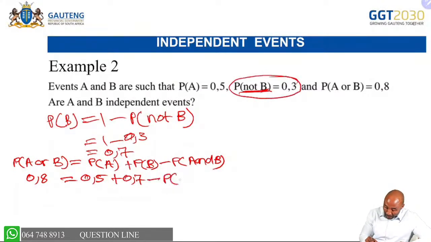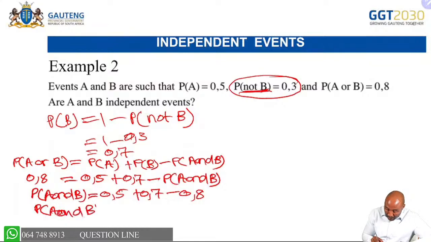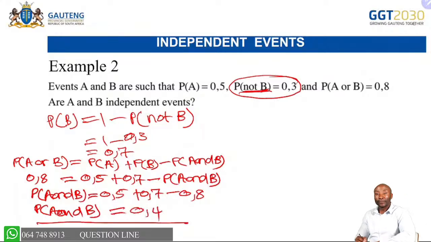Minus the probability of A and B, which means I will have the probability of A and B, rearranging, equal to 0.5 plus 0.7 minus 0.8. And this will give the probability of A and B to be equal to 0.4 using the identity.